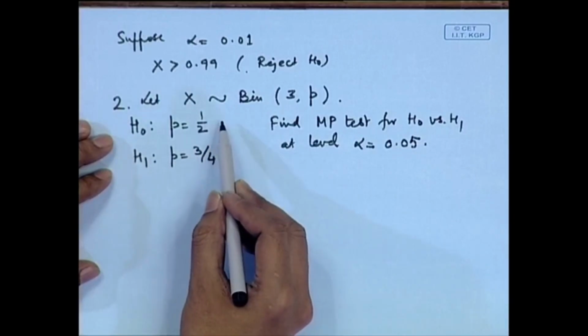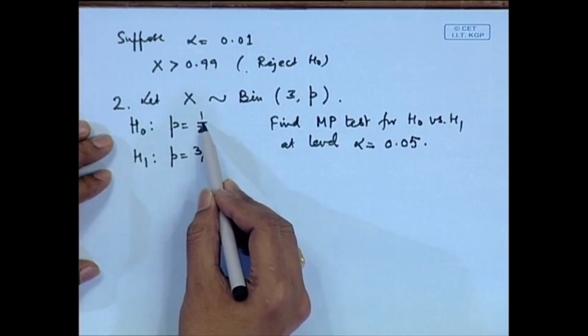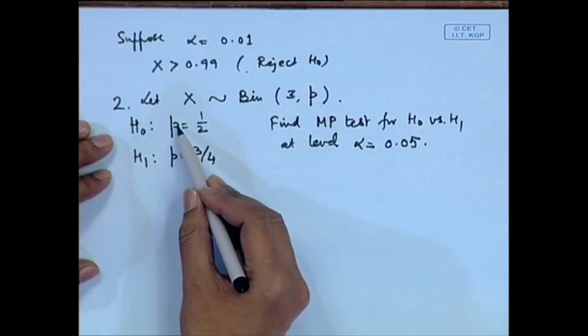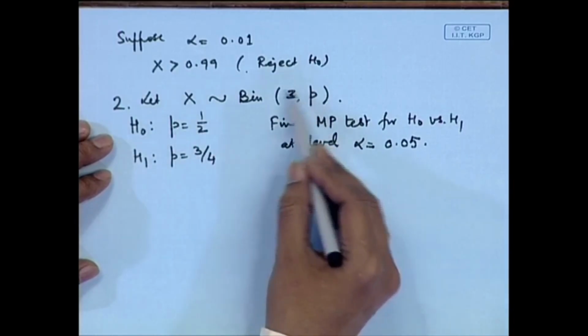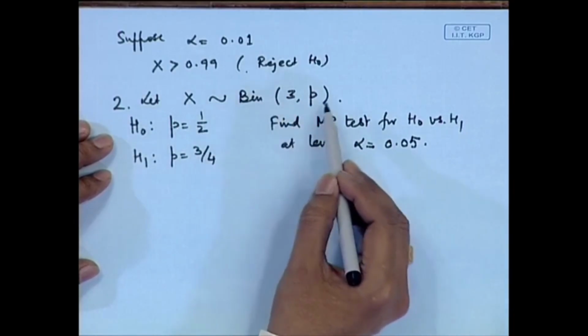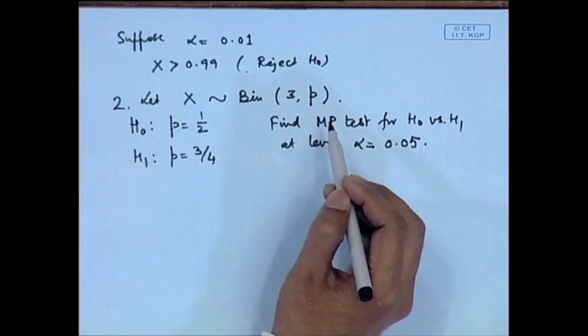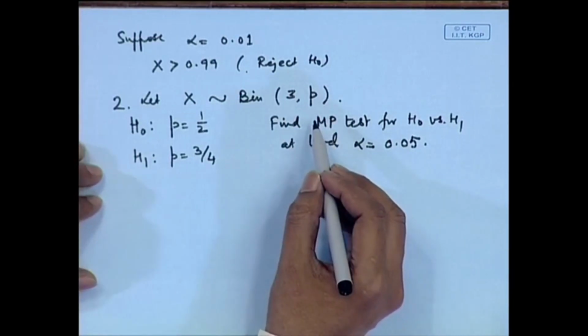Now, this is again a case of simple versus simple hypothesis, because p equal to half or p equal to 3 by 4 completely specifies the probability distribution. Therefore, we will consider the application of the Neyman-Pearson lemma here.